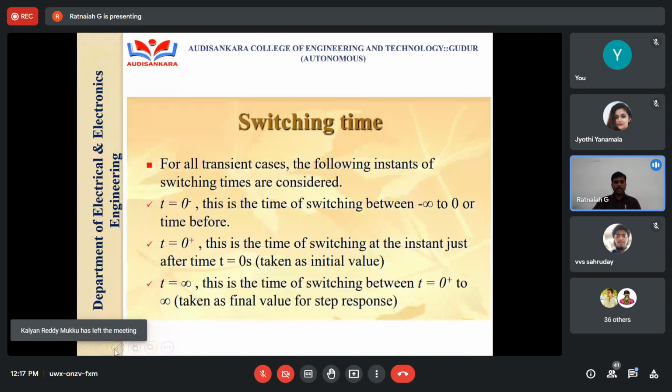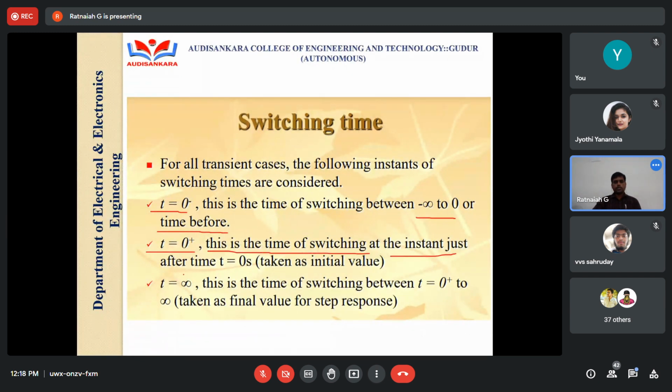Coming to the first one, when you take t equal to 0 minus, it indicates the time before switching, between minus infinity to 0. If you take t equal to 0 plus, this is the time of switching, at the instant just after switching.